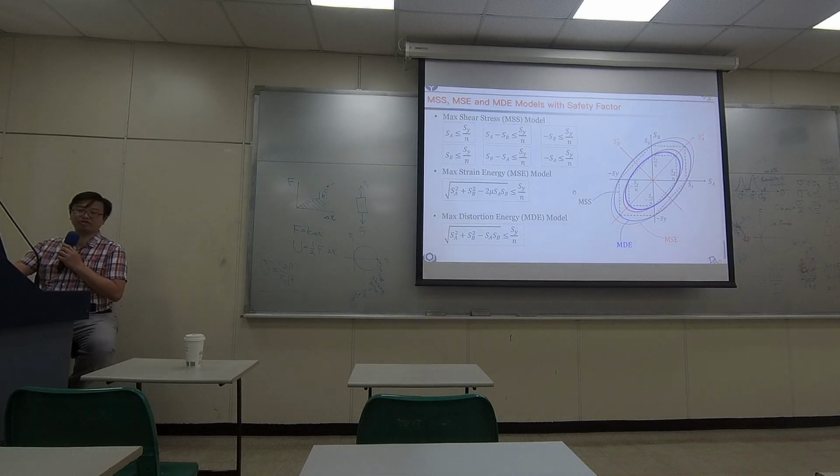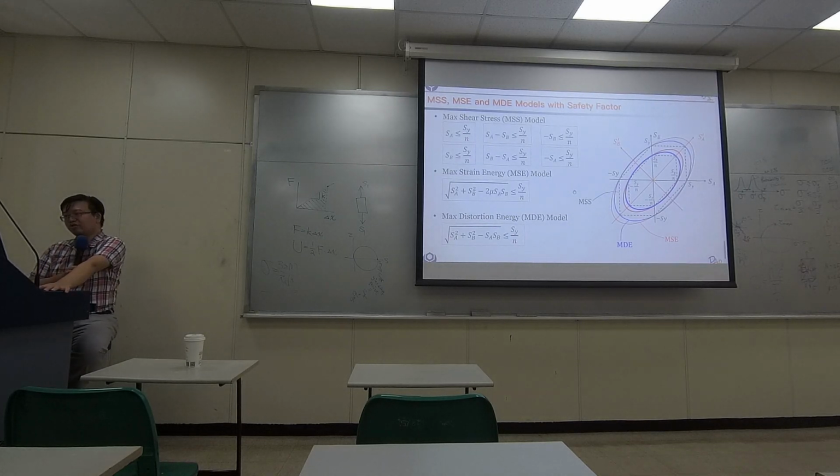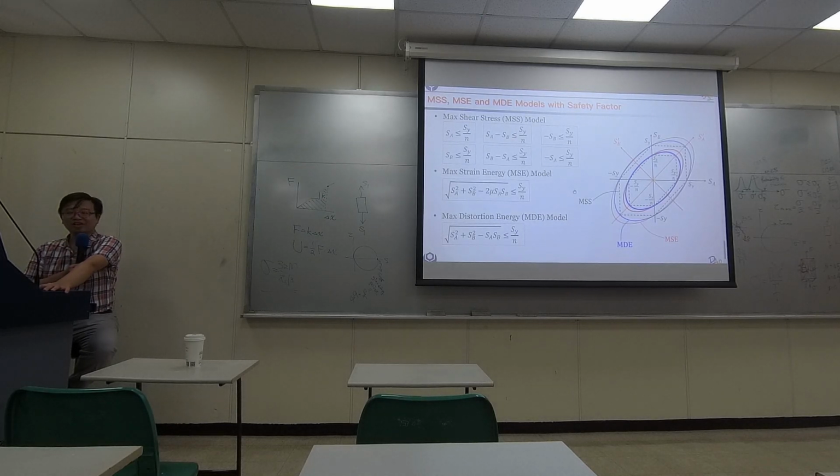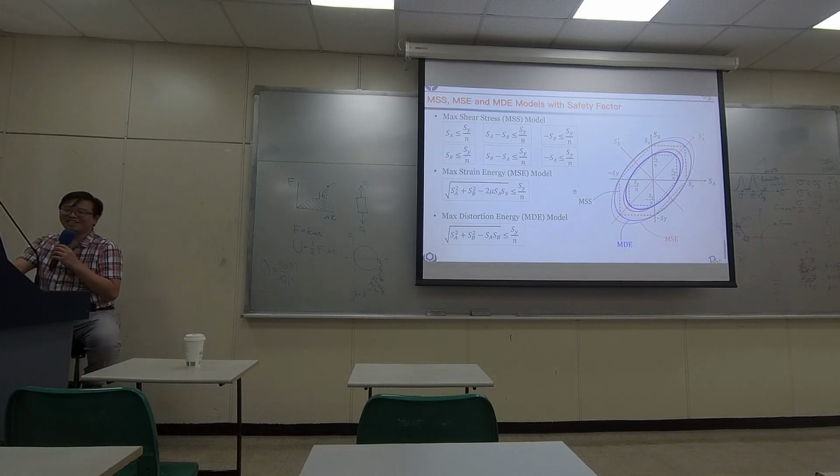Okay, so in the future, when your boss tells you, okay, let's use a safety factor of 2, you need to ask him, okay, which model? If he cannot answer you, that means he doesn't understand mechanical design well enough. But don't say that to him. Say that in your mind.